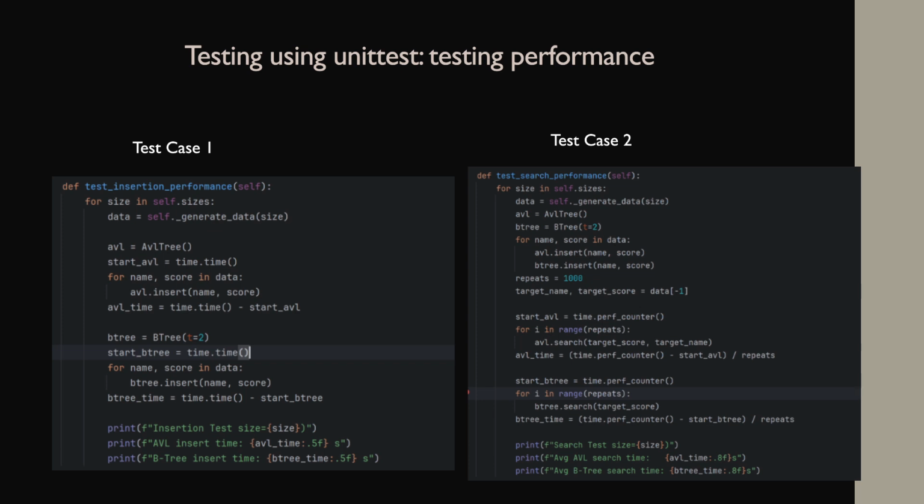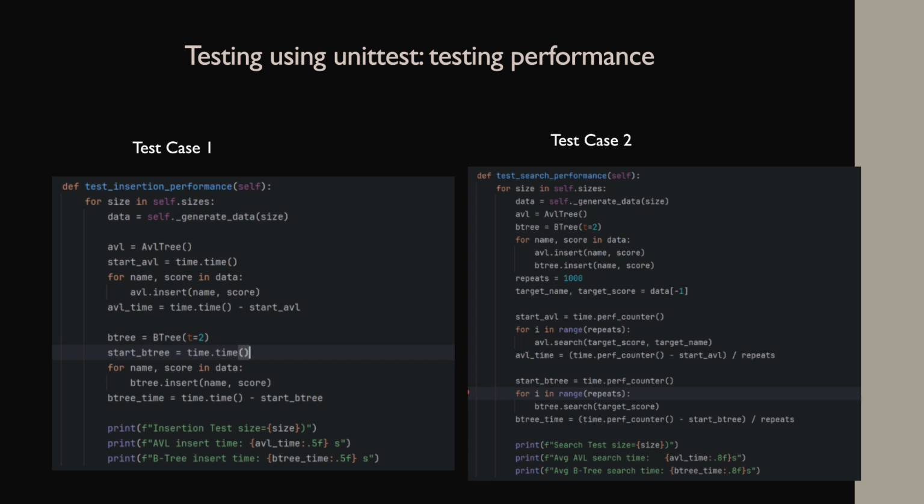For insertion performance, we compare the time that it takes to insert the name-score tuple pairs into the AVL tree versus the B tree across the sizes that we define. For each size in self.sizes, we generate the data, and time is measured using the time library's time.time function, and then the results are printed to see which tree handles the bulk insertions more rapidly.